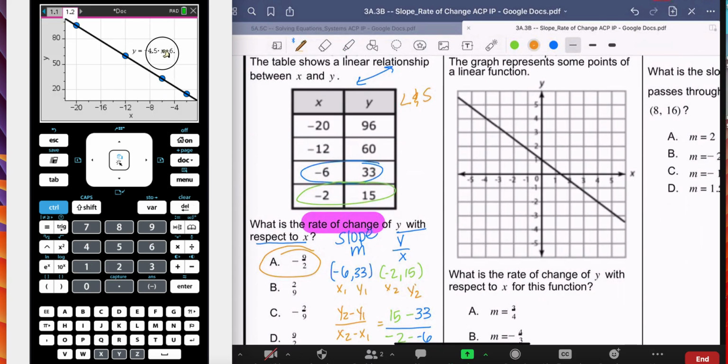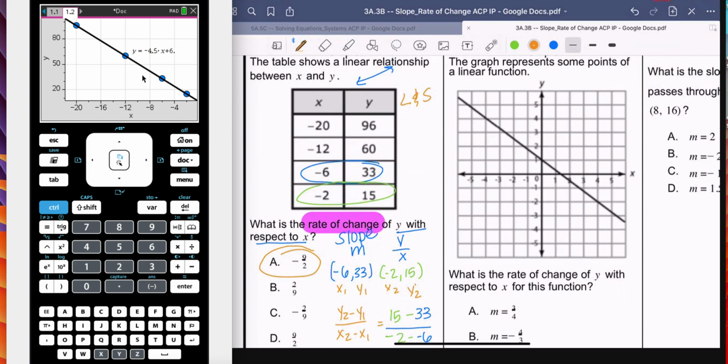Right here I have an equation, and I'm going to write that equation on my paper. y equals negative 4.5x plus 6. Now let's remember, this question was asking me for my slope or rate of change. My slope is this right here, negative 4.5.